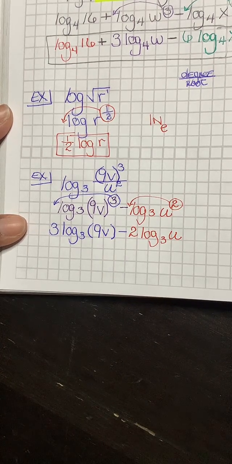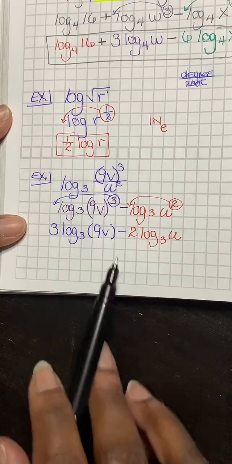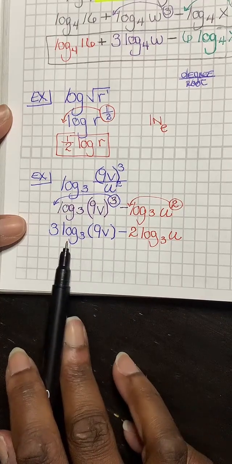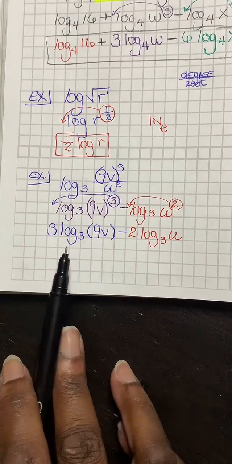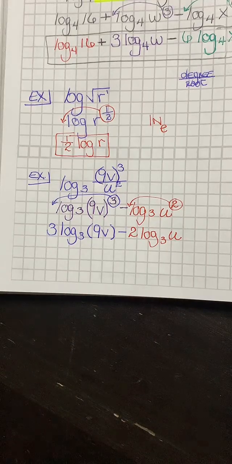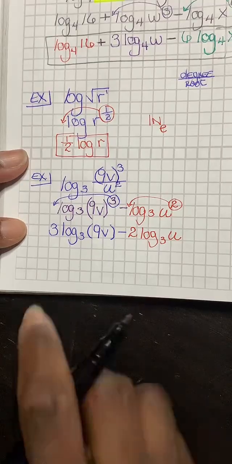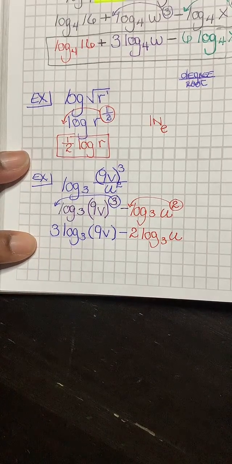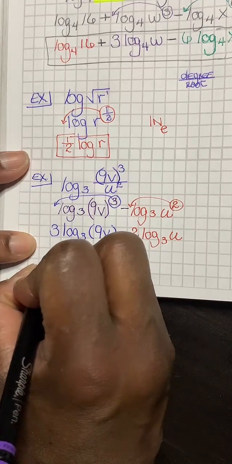If we multiply with the same base, we add the exponents. So we're going to give each of them their own entire log. So the 3 is still going to stay outside.